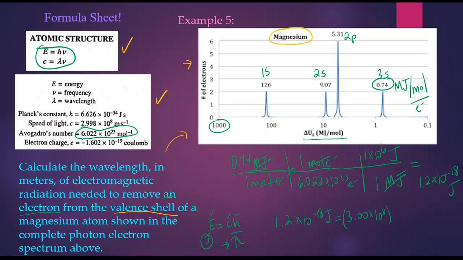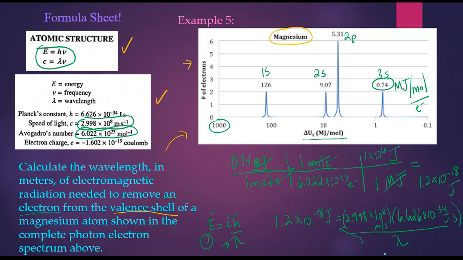And I guess technically I should use their number off of the formula sheet here, which is 2.998. So I'll go ahead and just use the number they provided on the formula sheet, 2.998, although it's very similar. Meters per second times Planck's constant, 6.626 times 10 to the minus 34 joules times seconds, and then divide it by lambda, which is what I want. Do your calculations, basically cross those.